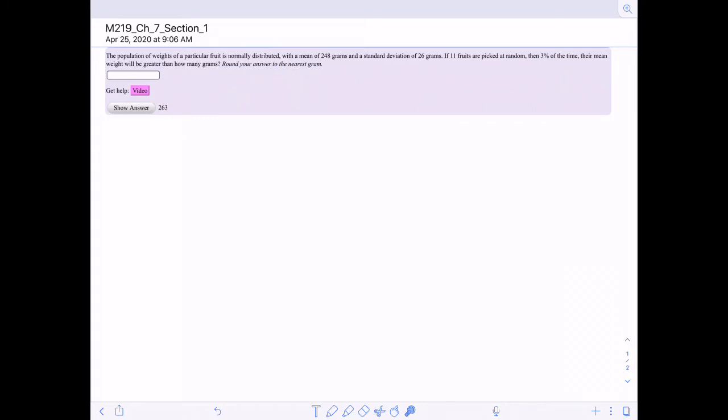So if we went ahead and drew a picture, right, we know the mean with respect to the sampling distribution is 248 grams. And we do know that the standard deviation with respect to the sampling distribution is 26 divided by square root of 11.